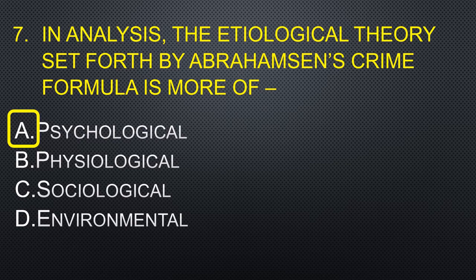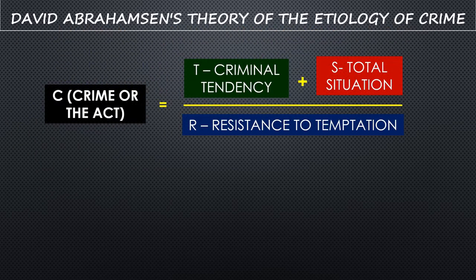And when you speak of environmental causes, we are referring to either the physical or natural environment or the social environment factors contributing to criminal activities. So this is David Abrahamsen's theory of the etiology of crime.